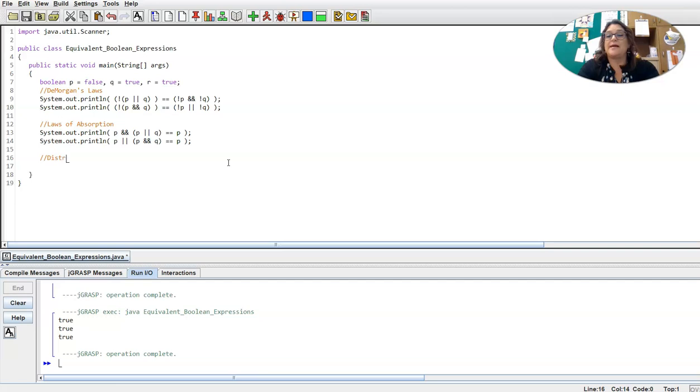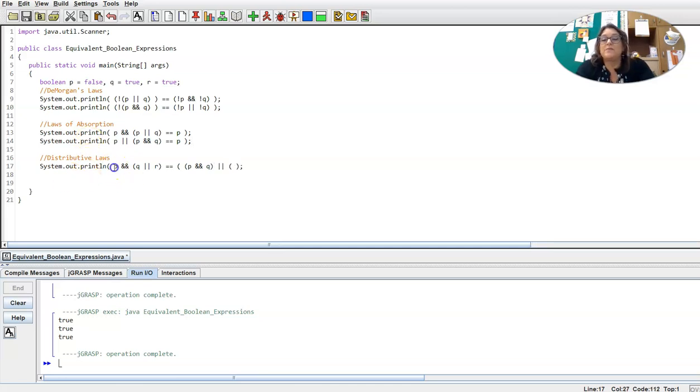And then we're going to look at the distributive laws. And the distributive laws say P and, then this will be Q or R. Okay, so P and (Q or R). And that is going to always be equivalent to distributing this P and. So this will be P and Q. Or, so we'll put parentheses around this P and Q, and then we'll have an or.